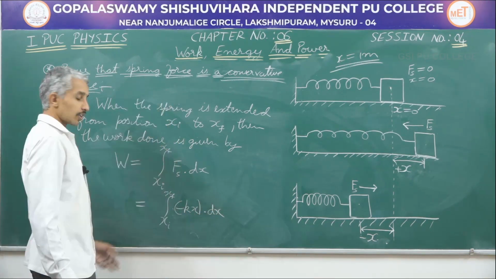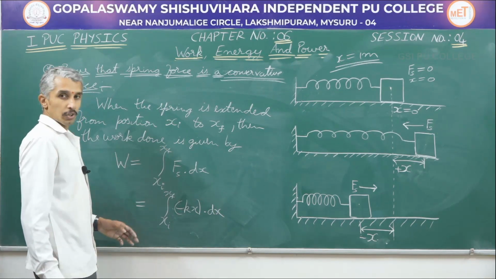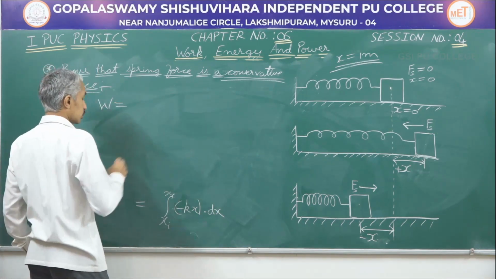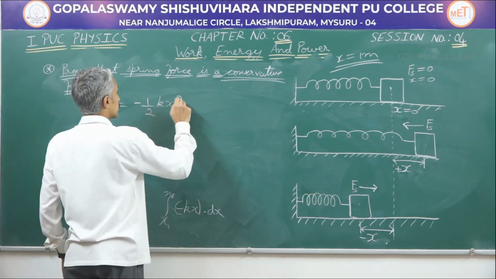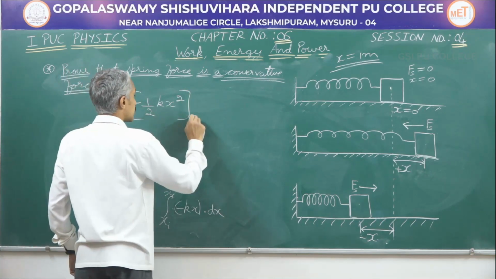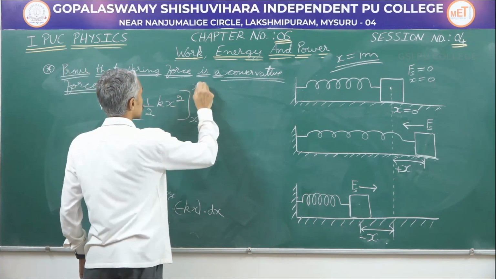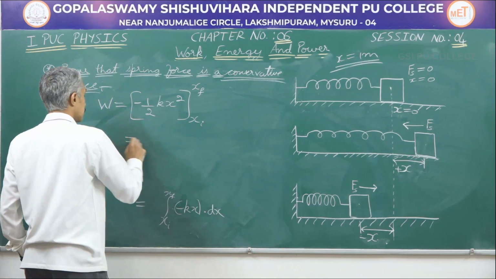We have already got the result for this. So now the work done is going to be minus half kx square, from the limit of initial position to final position.